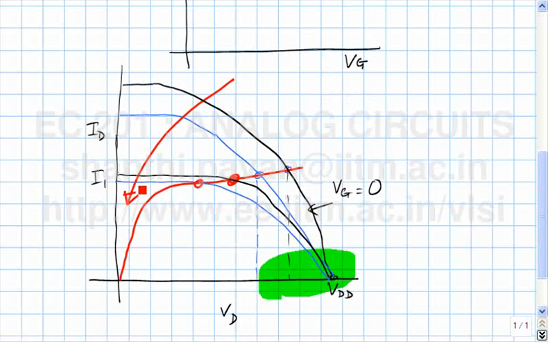Then if I change Vg by an infinitesimally small amount, you can see that the point moves here. For the same incremental change in Vg, can you comment on the rate at which this point of intersection moves along this line earlier versus now, when the Vg is approximately equal to Va?